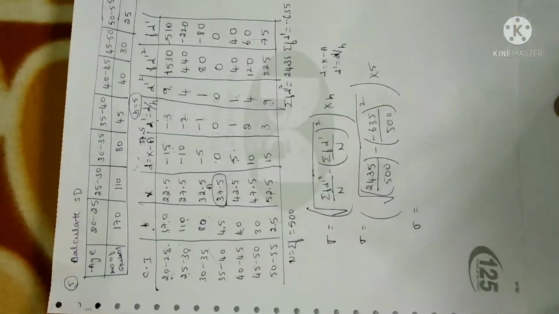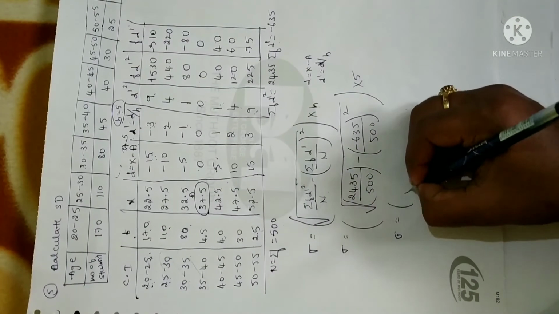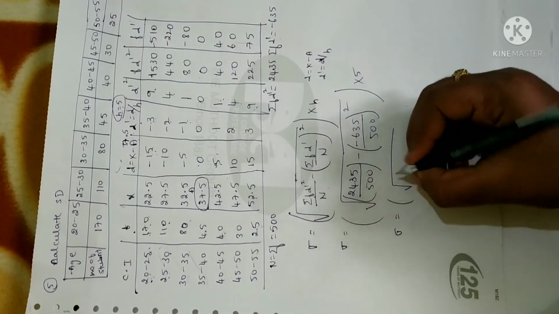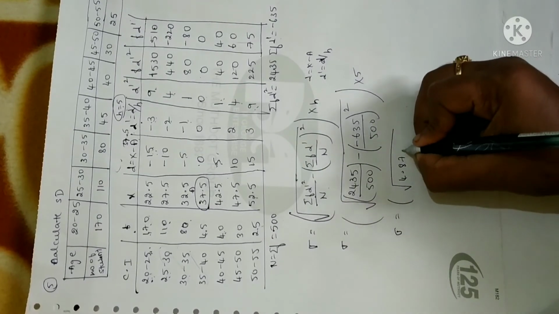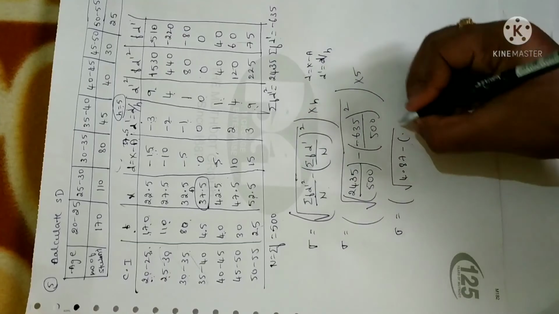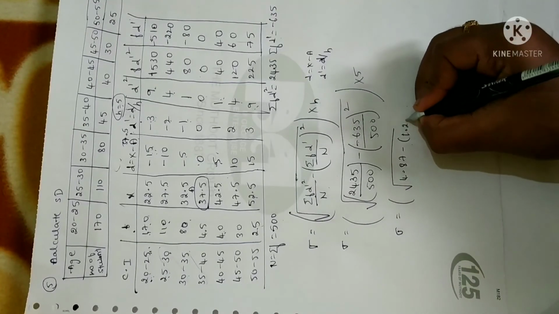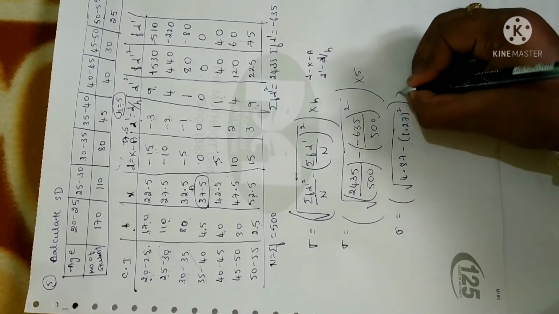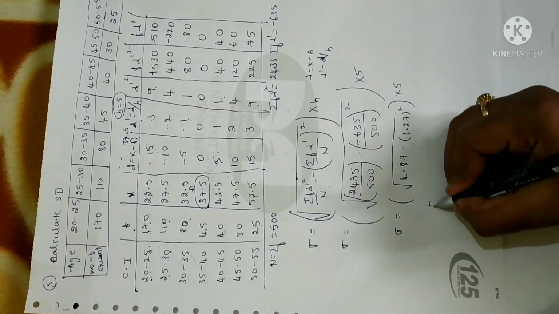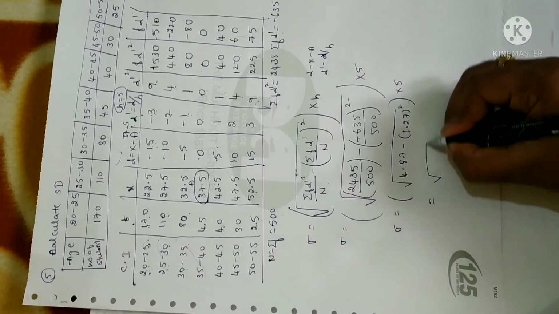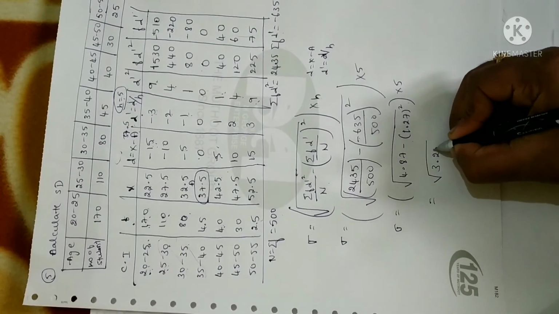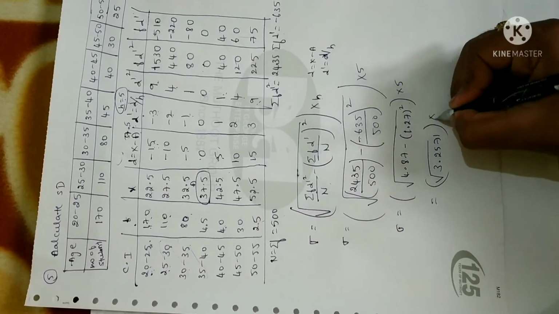Now let me simplify. When you divide this, you will get 4.87 minus the whole square, which will become plus, so you will get 1.27 whole square into 5. After simplification, you will get square root of 3.2571 into 5.